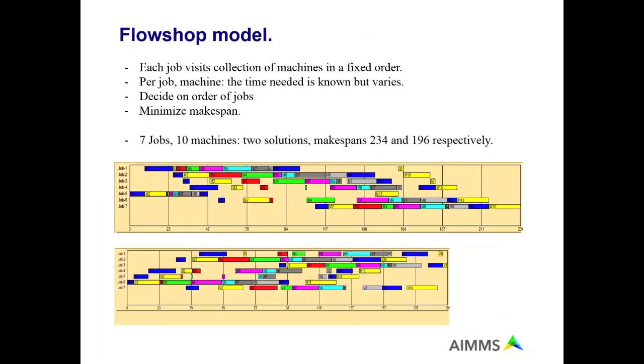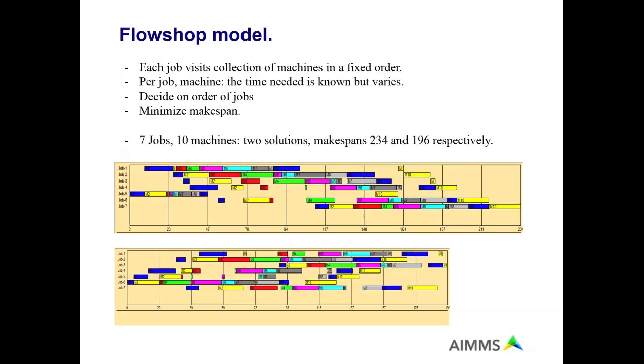Each has to be done on a machine, and they go through those machines in a fixed order. What we also know is that the amount of time it requires per job per machine varies. You can imagine that a painting job is not always the same. It depends on the type of object that you are painting. So per job the amount of time varies.